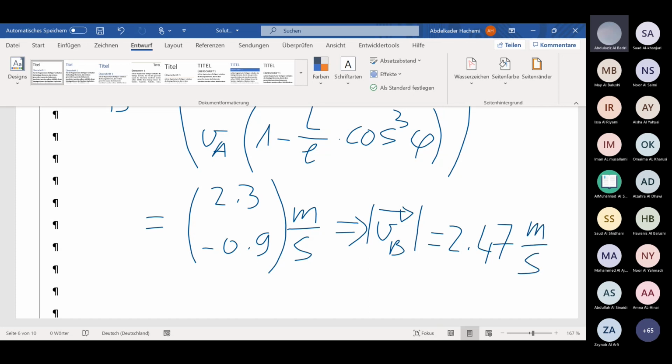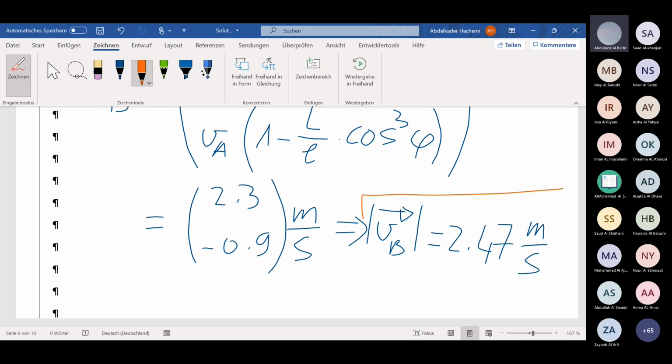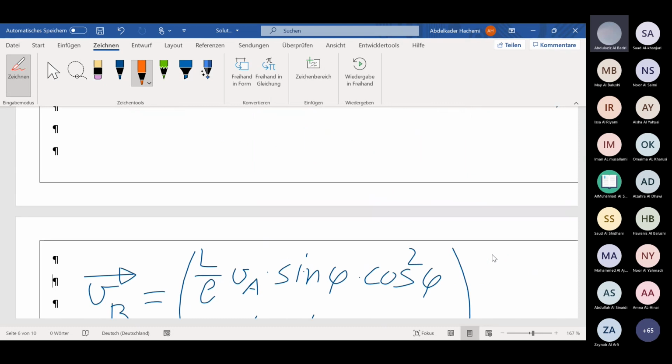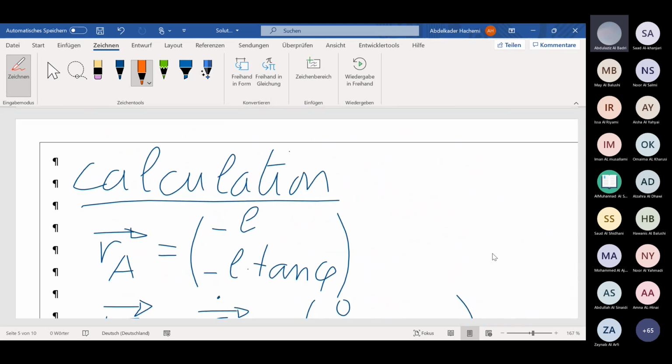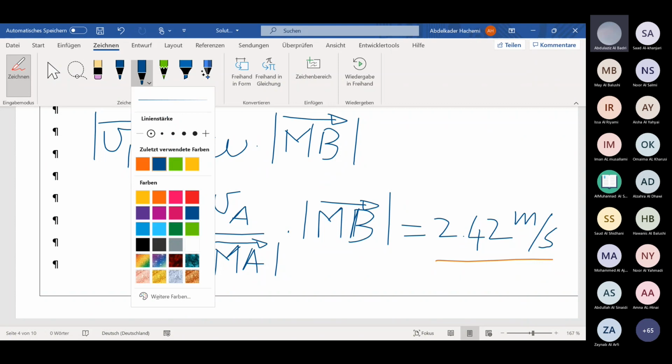This is the value of VB, which is asked for. And you see, this is the exact value, 2.47. And graphically, as I said, it's only an approximation. It's 2.42 here.